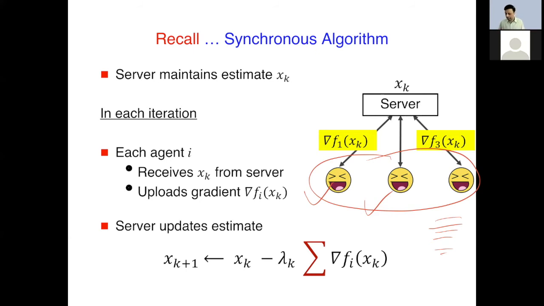Maybe one machine fails and then has to recover, so that takes time as well. So there could be many reasons why one or more agents may be slow. It could be something happening at the agent itself. It could be on the communication channel from the agent to the server, but somehow it may happen that some agents are very slow. So that's the reason to think about asynchrony.